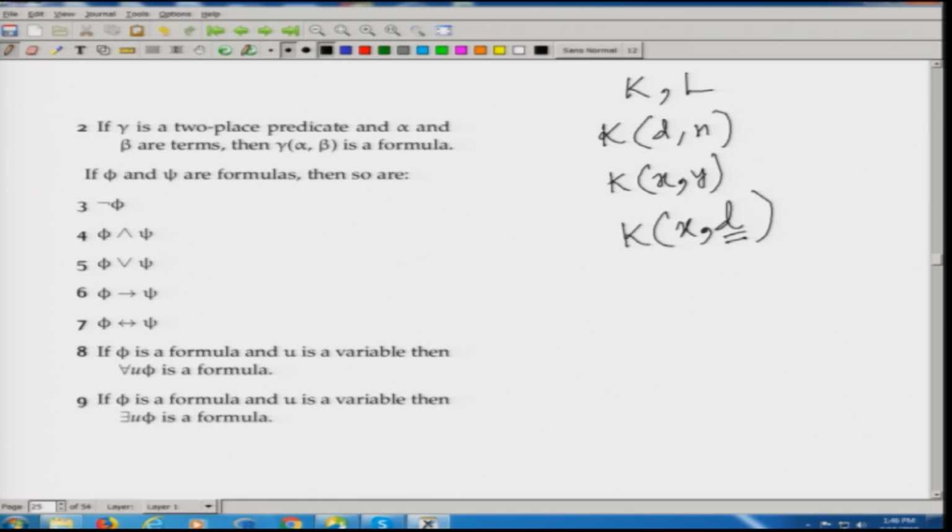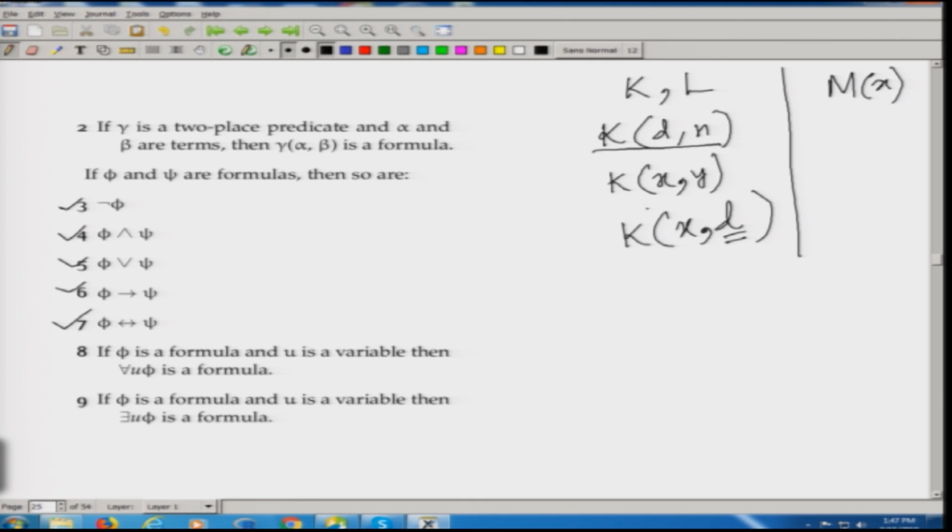All these are formulae in our system. Then, if phi and xi are both formulas, then so are the compounds that follow. We can construct following this rule: if this is a formula, we can have another one, and the formula could be M X.